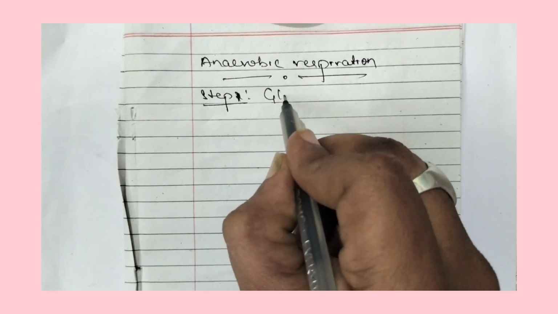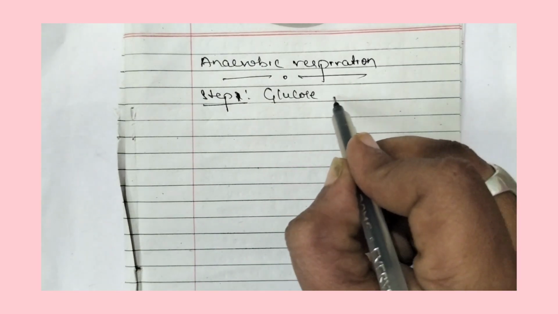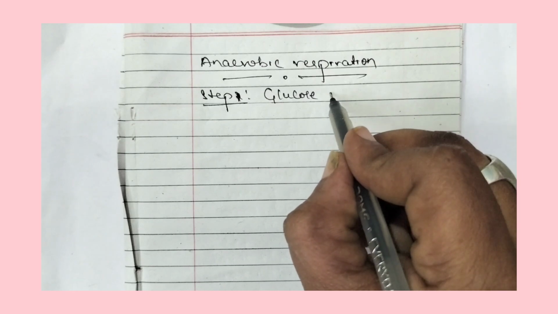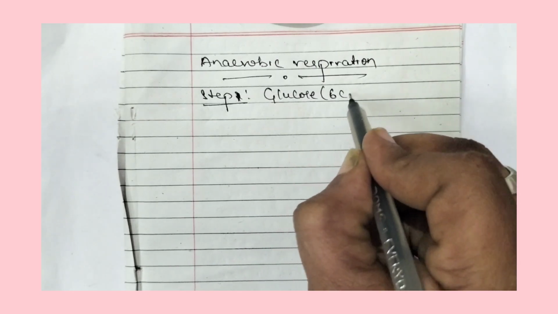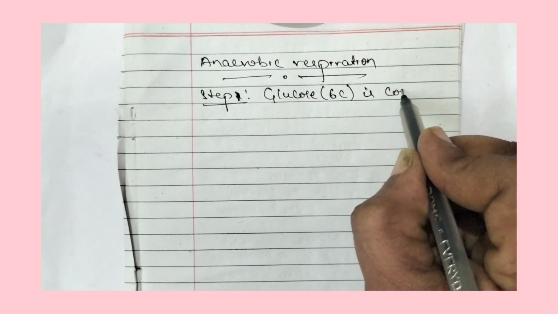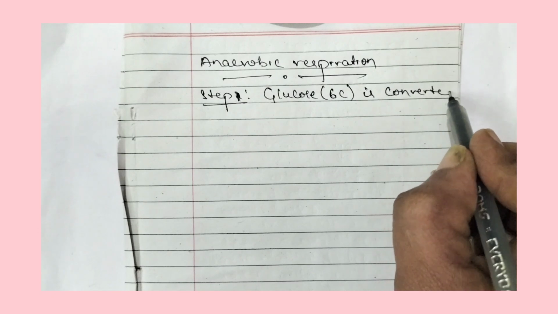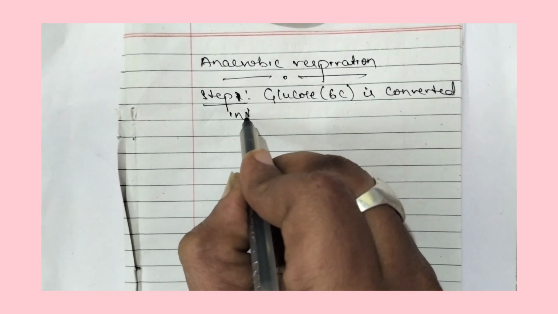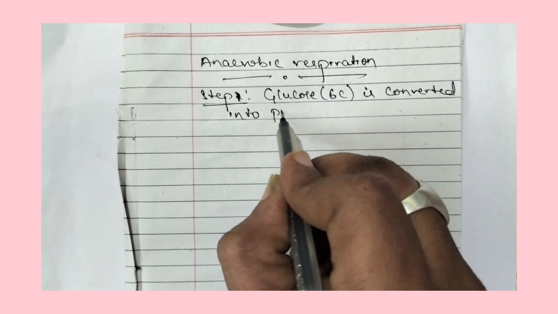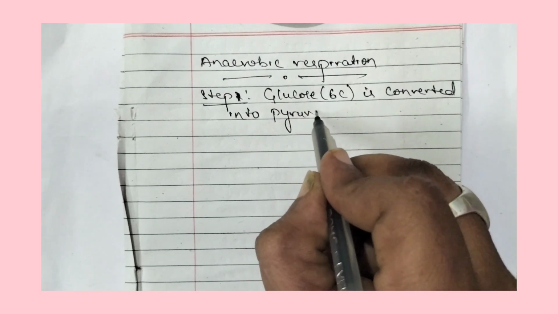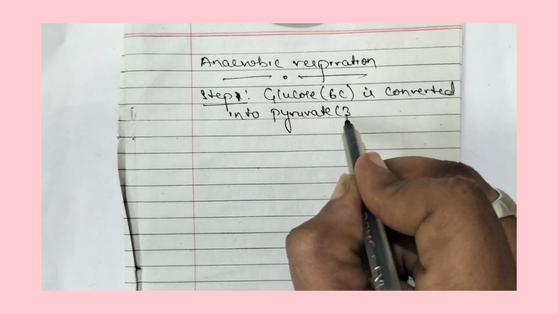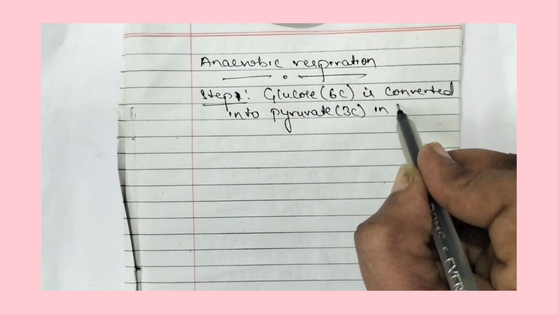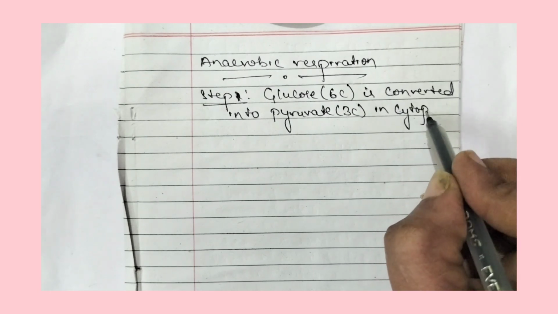Step number 1: glucose, which is a 6-carbon compound, is converted into a 3-carbon compound called pyruvate in the cytoplasm of a cell.